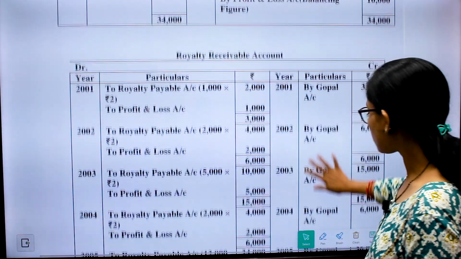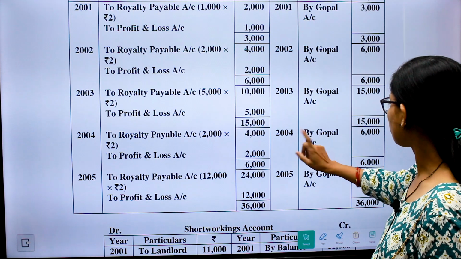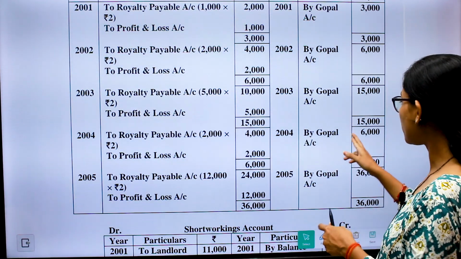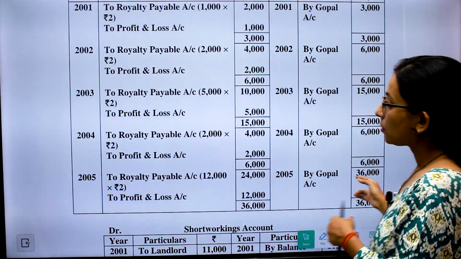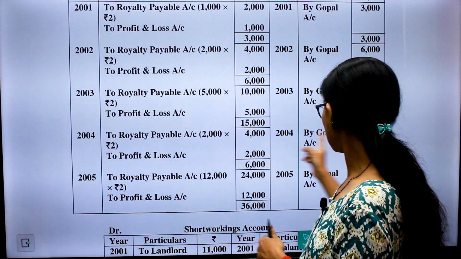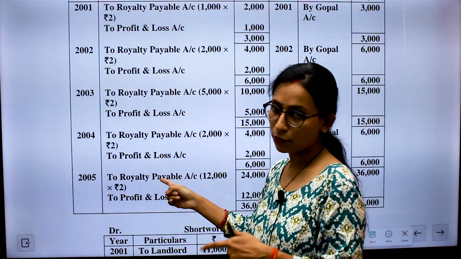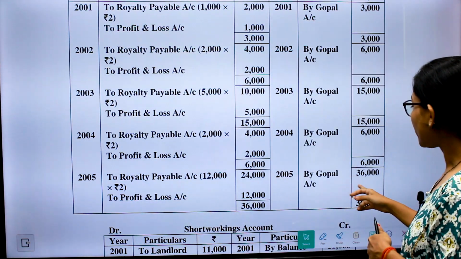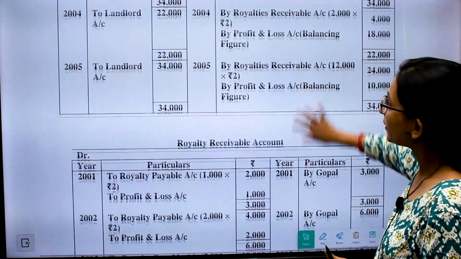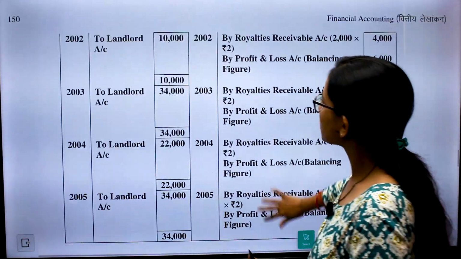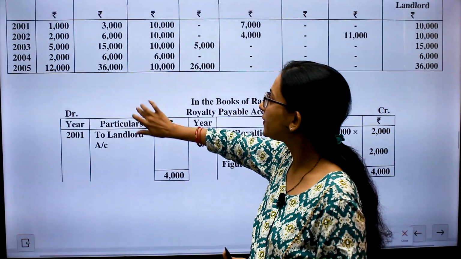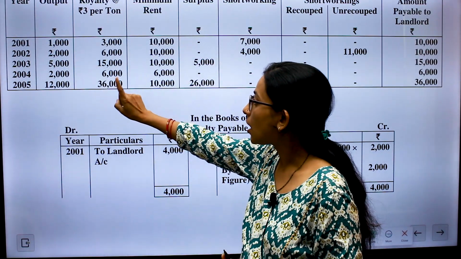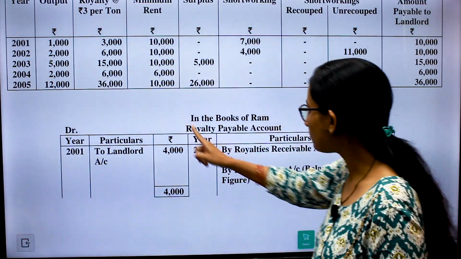Okay, next will be the 2004 year. In 2004 again Gopal is liable to pay 6,000. He has paid 4,000. The remaining amount will be transferred to the profit and loss account. In 2005 he has a liability to pay 36,000. How much has he paid to Ram?